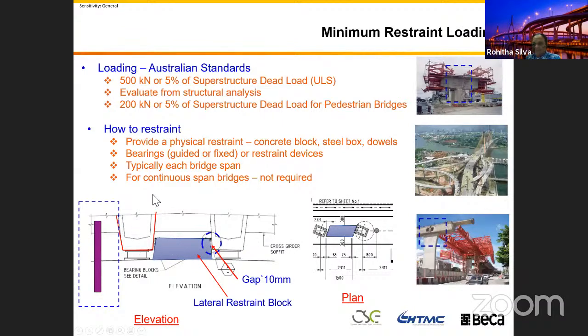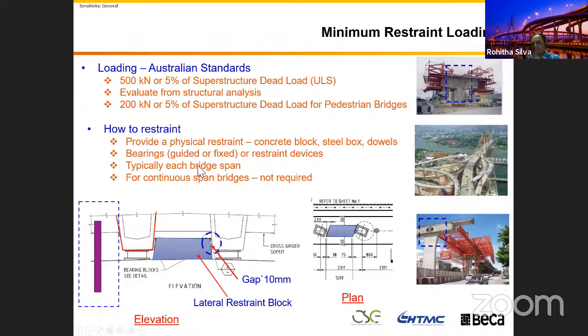When designing to the Australian standard, the lateral restraint system is a must. So you have to design that. It's 5% of the dead load or 500 kilonewtons minimum. You need to design your bridge to restrain that. The vertical restraint is not a problem, especially because bridges are so heavy.